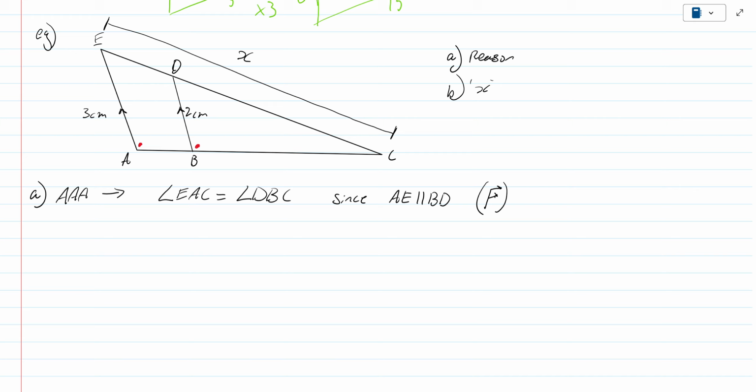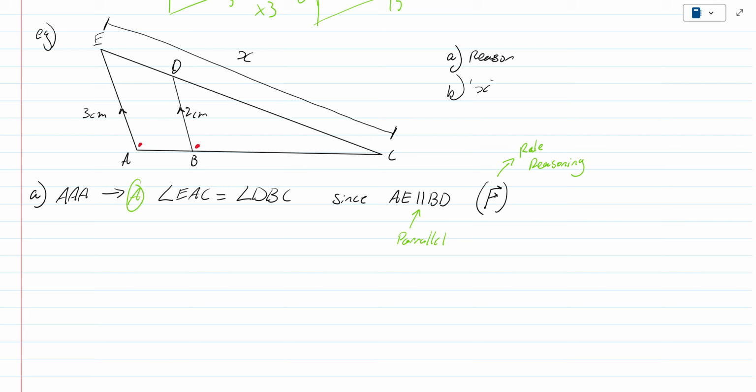Making sure we put our rule here, because that's your reasoning mark. And this symbol here, the double vertical lines, means parallel. So this is a shorthand way to write your reasons. So that's reason 1.